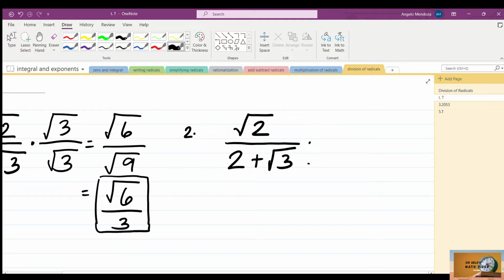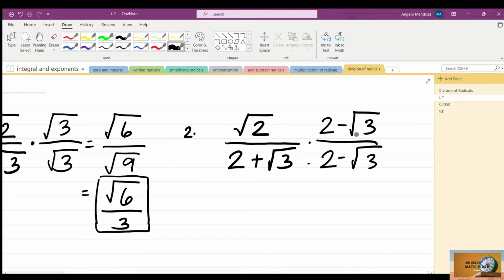When you say conjugate, there is an operation between the two terms, and we get its opposite. So for 2 plus square root of 3, the conjugate is 2 minus square root of 3. Both numerator and denominator will be multiplied by 2 minus square root of 3.